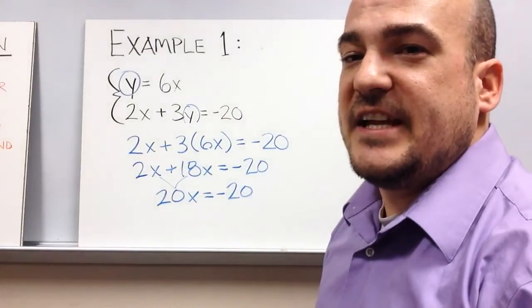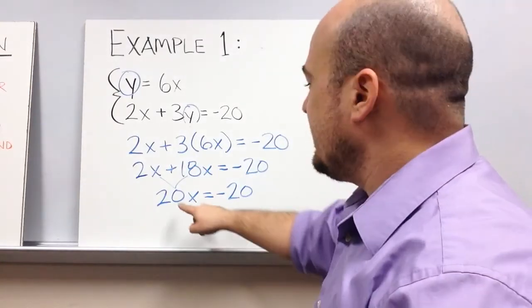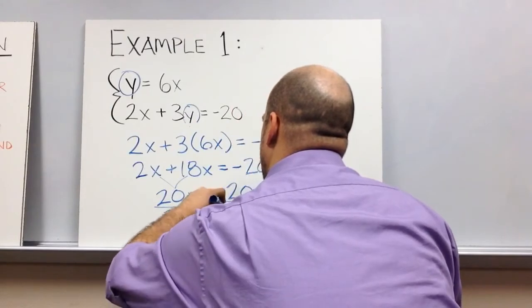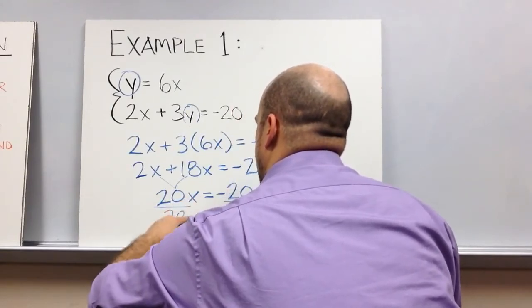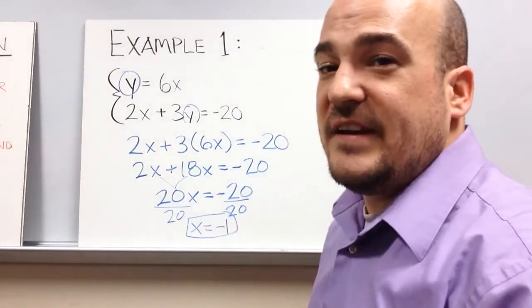And 2x plus 18x is 20x. I've got 20x equals negative 20. So now I can divide by 20. And when I divide by 20, I find out that x is equal to negative 1.